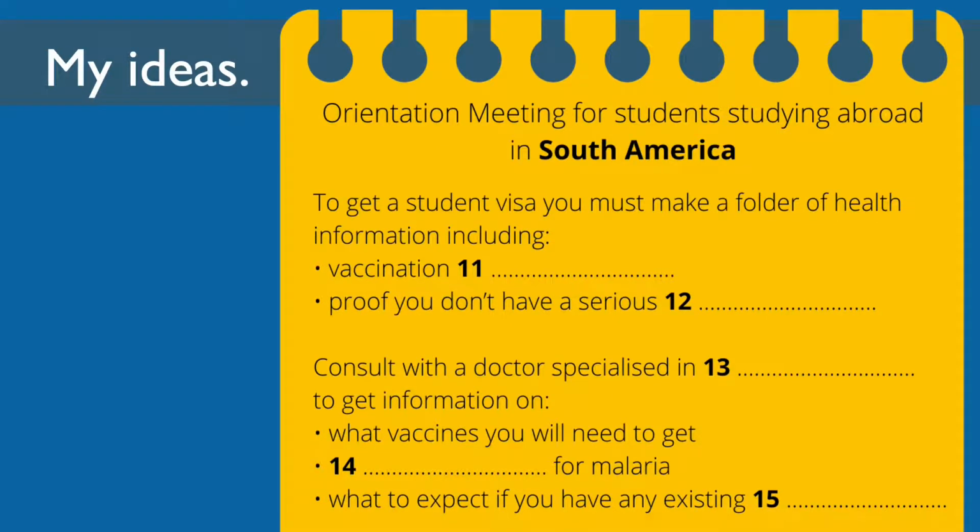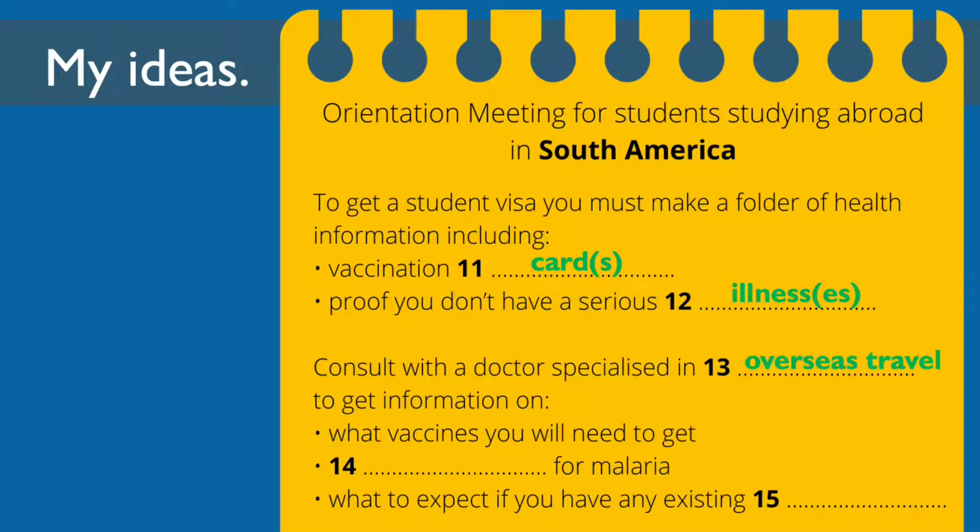As I say, these are just my ideas, and I'm sure there are other options that could also logically fit the gaps. For 11, I went with card or cards, because a vaccination card is the thing where you have the record of any vaccinations you have. I thought number 12 could be illness or illnesses, because that collocates quite nicely with serious.